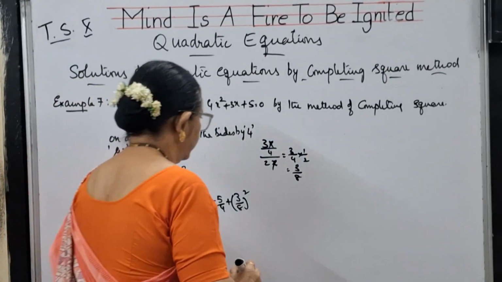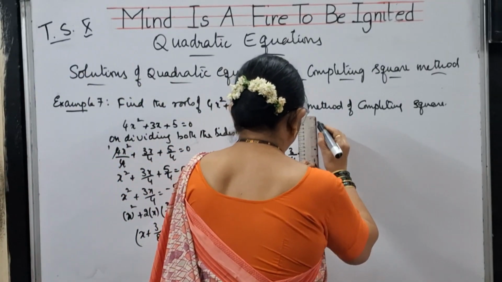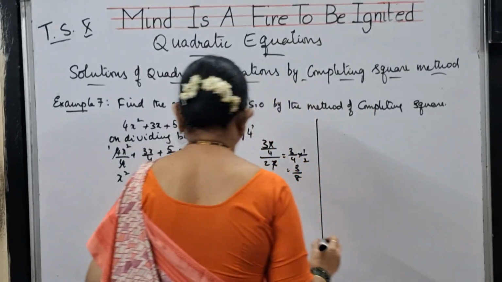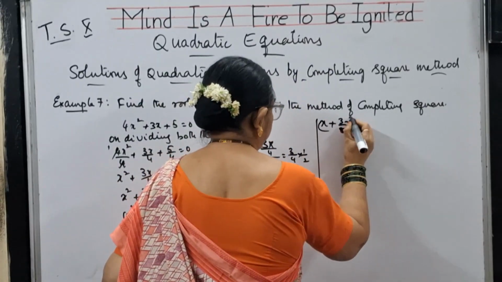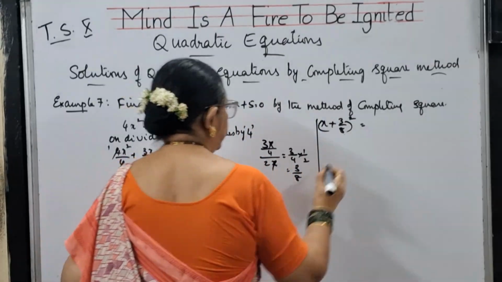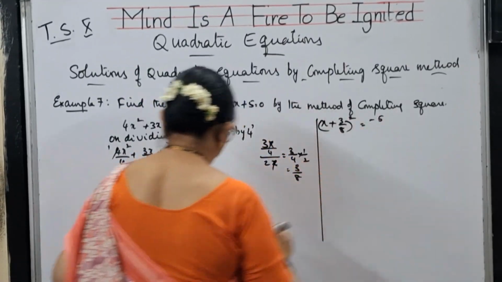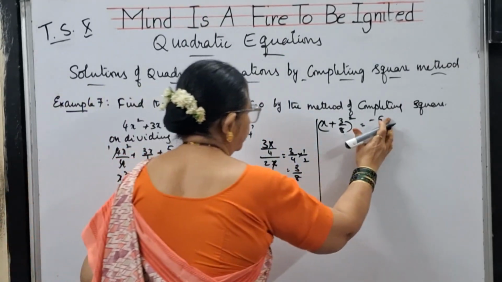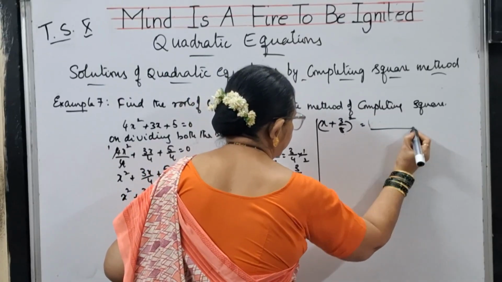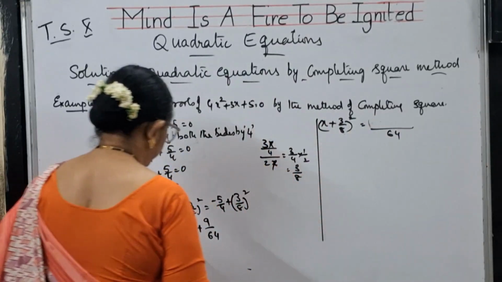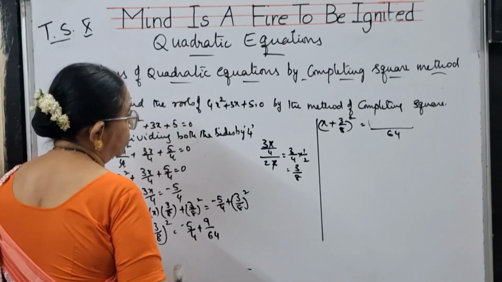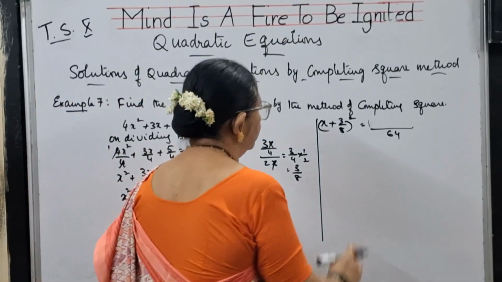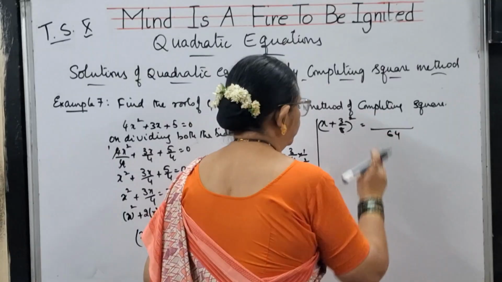So, let me continue. x plus 3 by 8 whole square is equal to minus 5 by 4 plus 9 by 64. So, let me take the LCM as 64. 4 16s are 64.